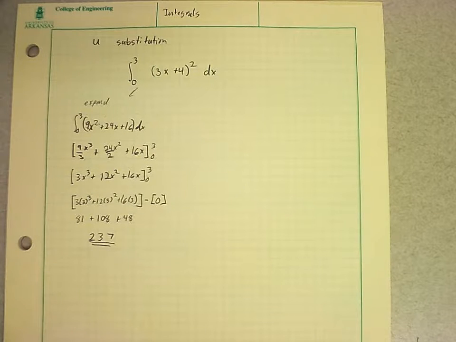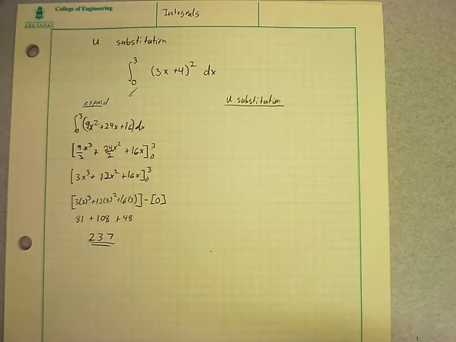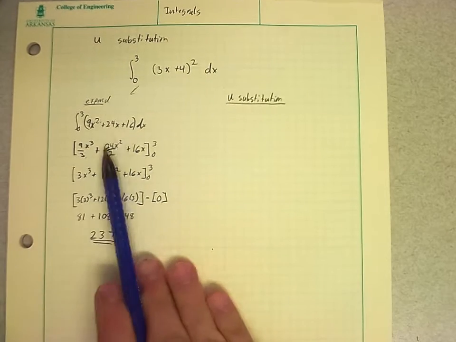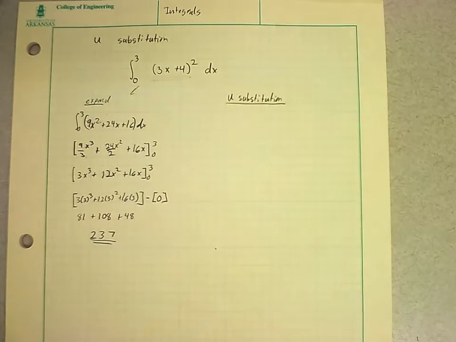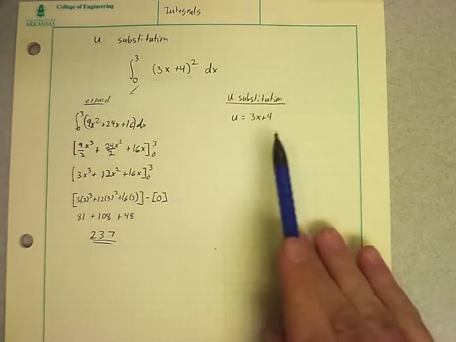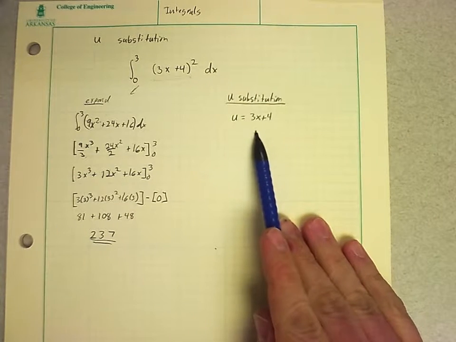We could instead think of this in terms of U substitution. So with U substitution, what I want to do, instead of breaking everything apart, is think of this as one big interval of things. So I'm going to let U be that entire expression. So I let U be 3x plus 4.